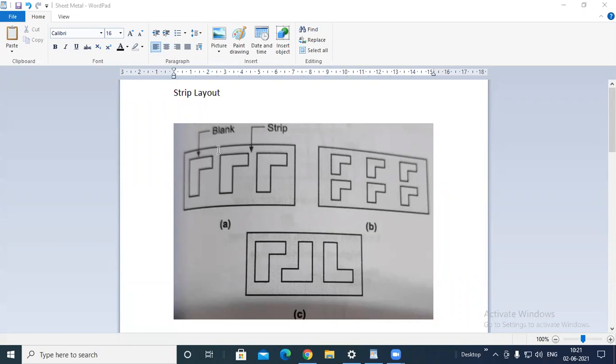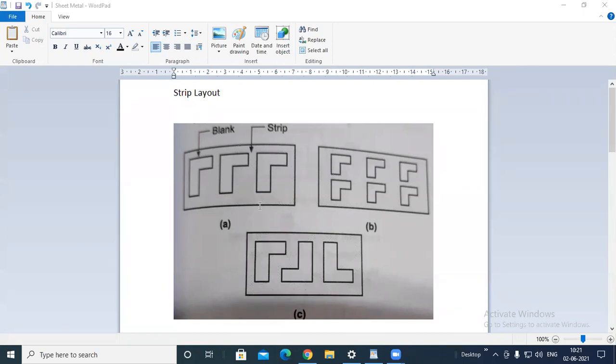That means if you utilize the strip in such a way that you have to design a die complexly, it increases the cost of the die and also makes it difficult to manufacture. So the layout should be designed so that the design of the die is optimum.